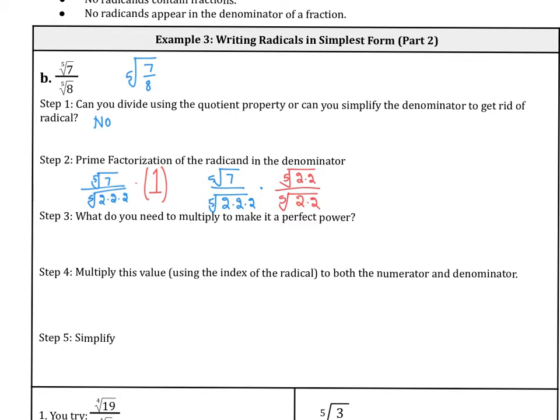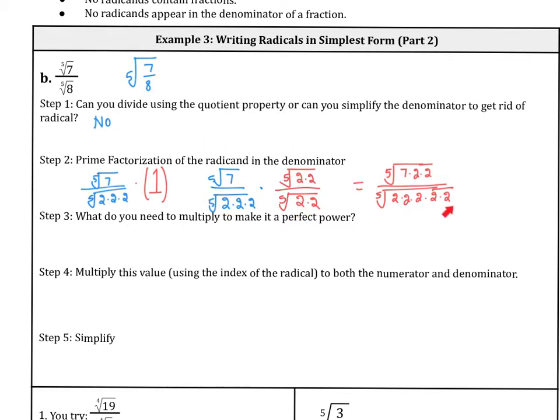Now on the top what we have is 7 times 2 times 2, because we can combine them, and on the bottom we have 2 times 2 times 2 times 2 times 2. So there are 5 numbers. There were 3 already from the 8, and then 2 of them we multiplied top and bottom.